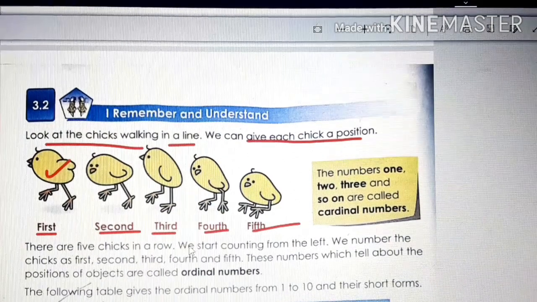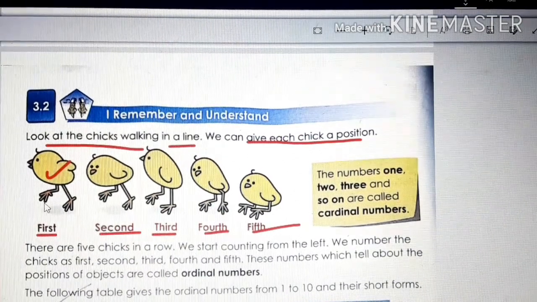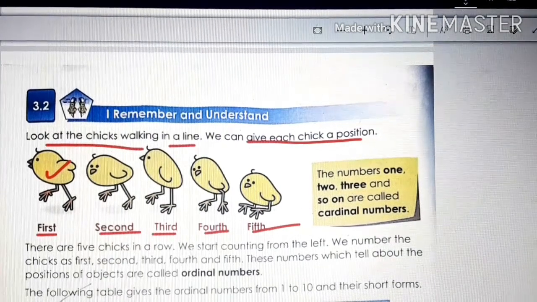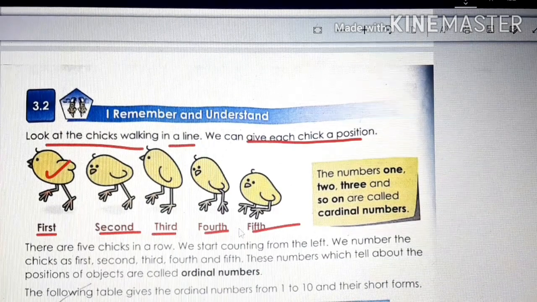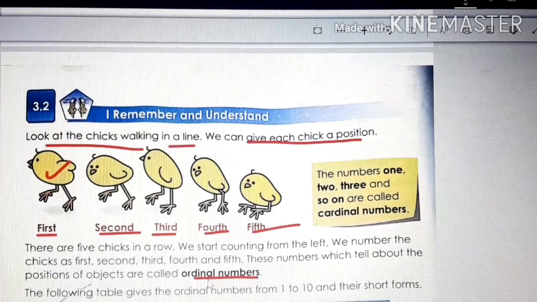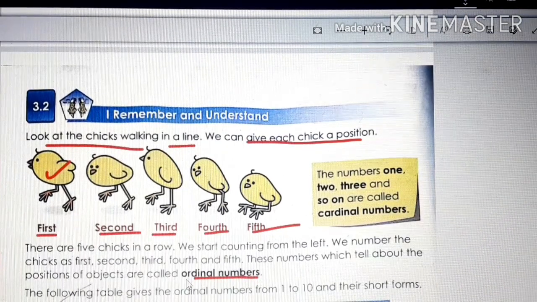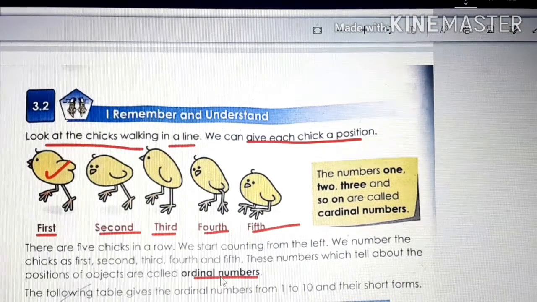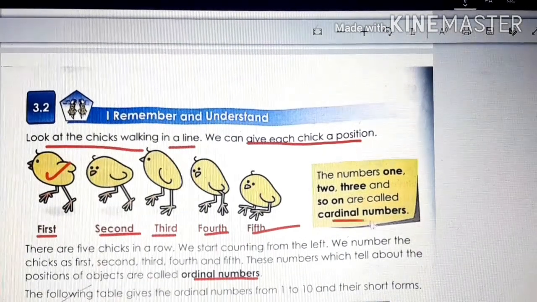Okay, we start counting from left. You can see first, second, third and fourth and fifth. So these are what, children? Ordinal numbers. ORDINAL. And what are cardinal numbers?